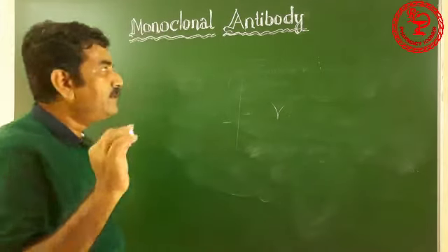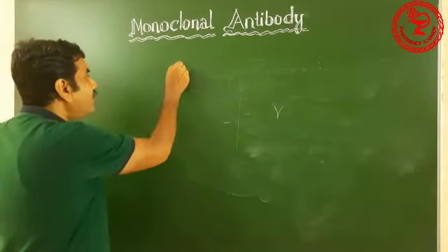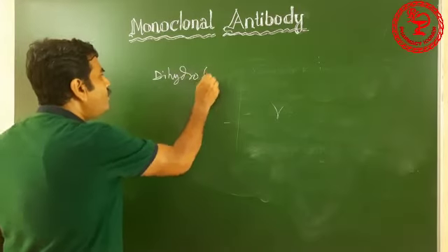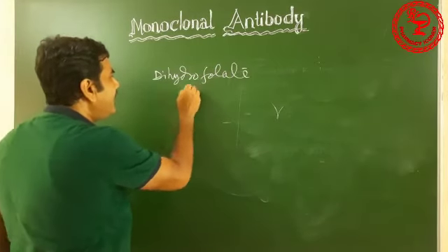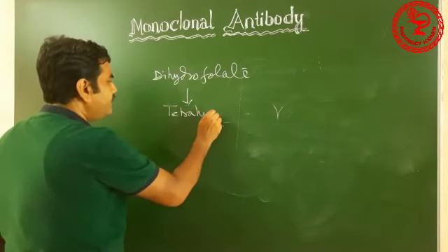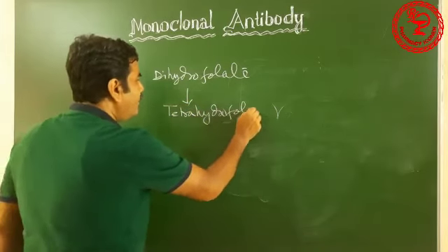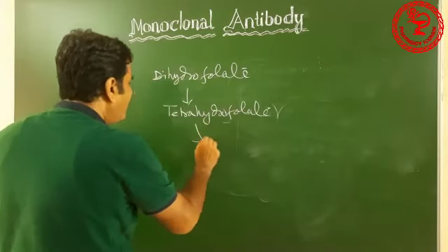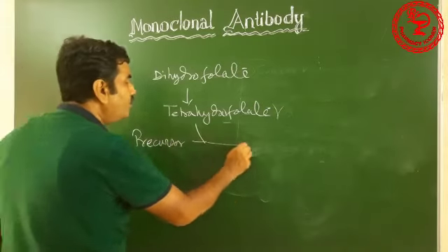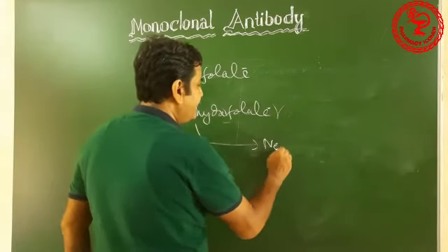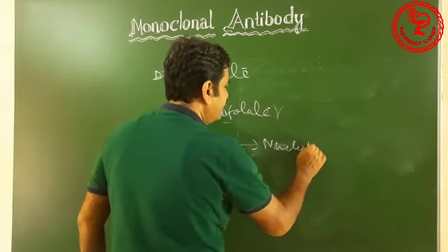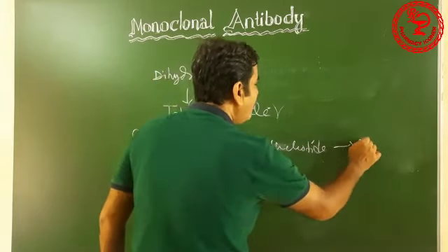In de novo synthesis, from dihydrofolate, tetrahydrofolate is formed, which combines with some precursor to produce nucleotides, which ultimately form DNA.